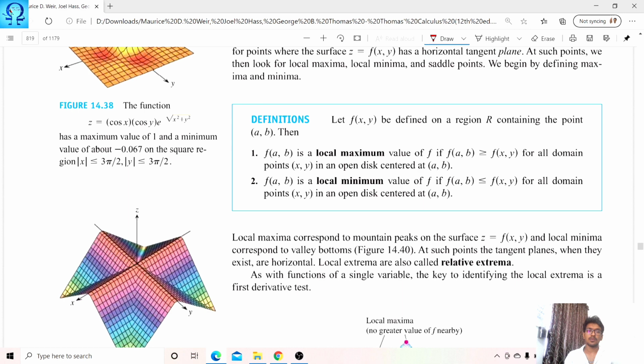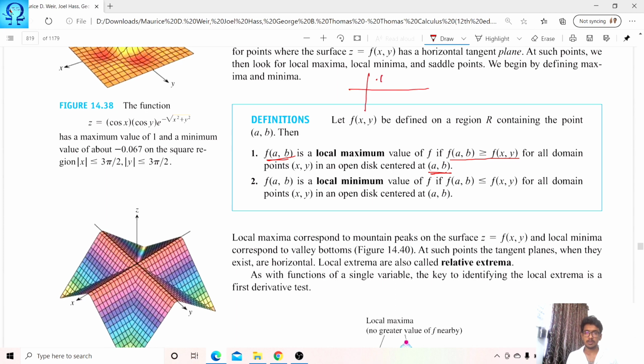So first of all, what do we mean by a local maximum? That is given in this statement. A function evaluated at the point (a, b) is called a local maximum of the function if this condition holds for all domain points (x, y) in the open disk centered at (a, b). So here we are talking about a center.